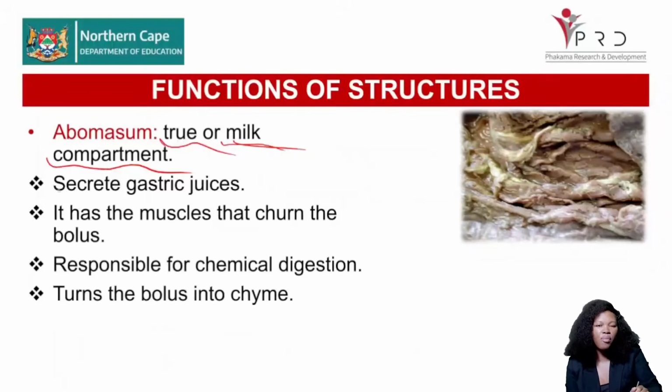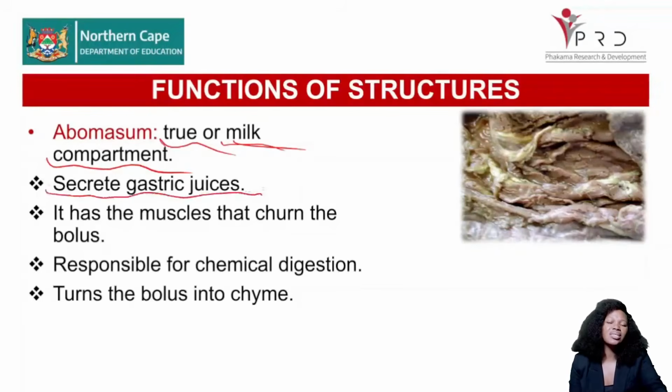So this abomasum secretes the gastric juices. It functions the same way as the simple stomach of a pig, and the same way as the proventriculus of a chicken. If I say in the simple stomach of a pig we have gastric juices, you need to understand that in the abomasum, gastric juices are secreted.